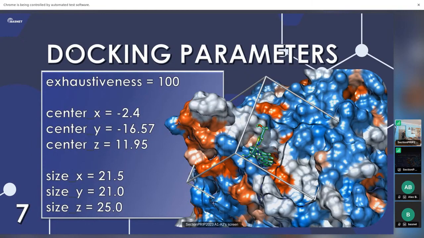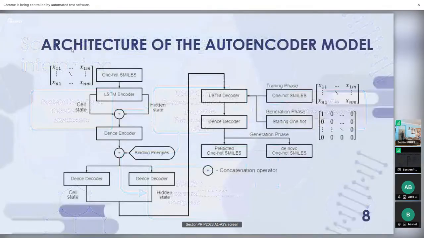Okay, these are the parameters of our network. And I think the most interesting part for our audience is the architecture of the autoencoder model. You can see the autoencoder model with some interesting parts.